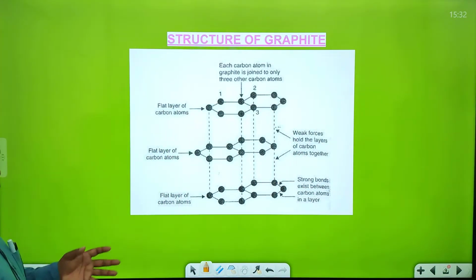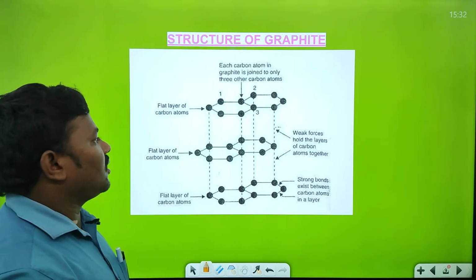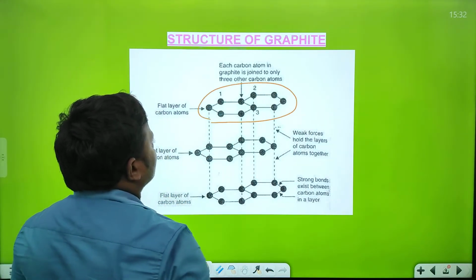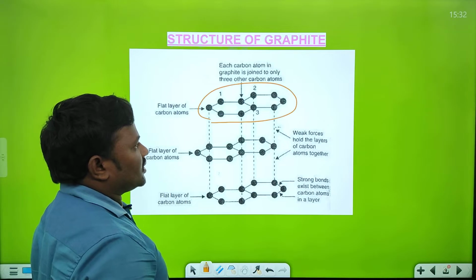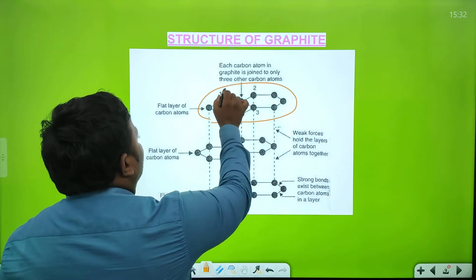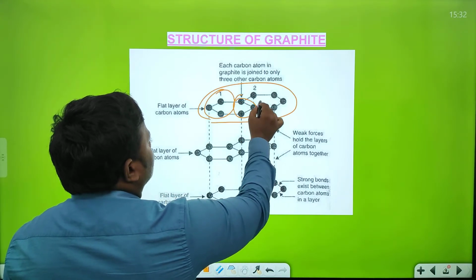Next one, structure of the graphite. So here see the structure of the graphite. We see it is made of very thin layers. It is also a hexagonal structure, but every carbon is attached directly to 3 carbons. Is it right?